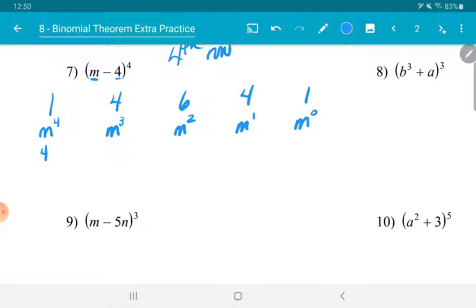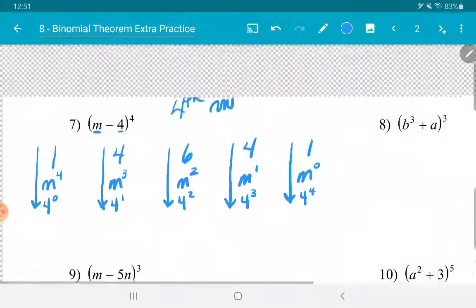We're just going to take the term itself and write it in each column. This time we're going to start at 0 and count up. If you do this process, you've got to do it the exact same way I'm doing it, meaning the first term starts at the highest exponent and counts down. The second term starts at the lowest exponent and counts up. Then you're going to multiply down each column.